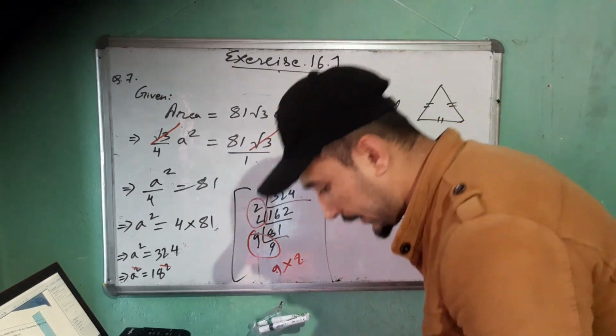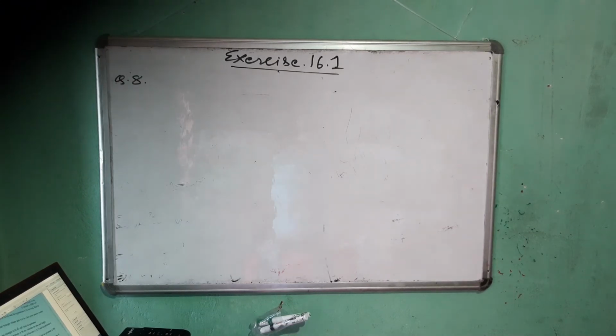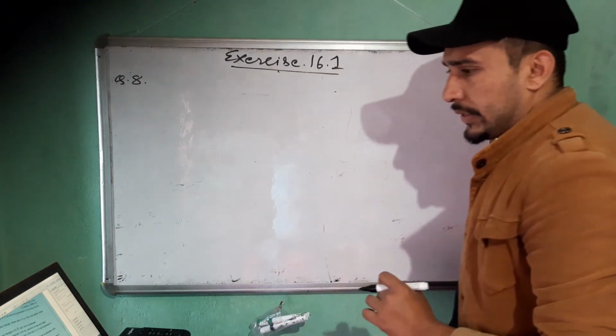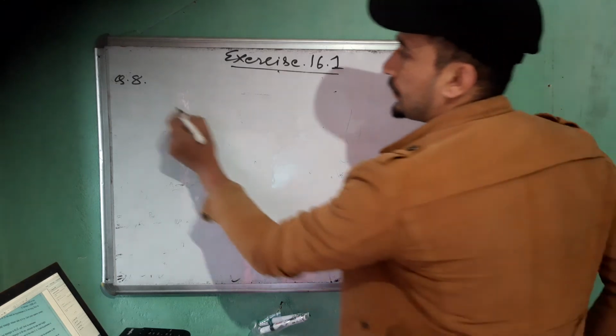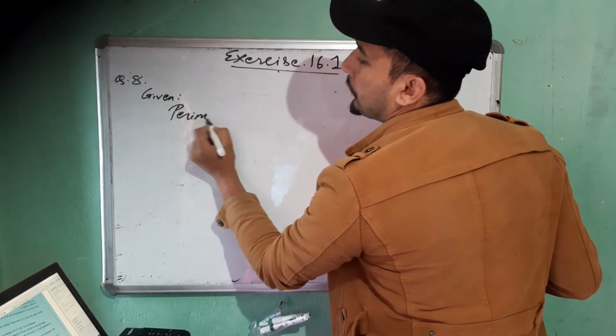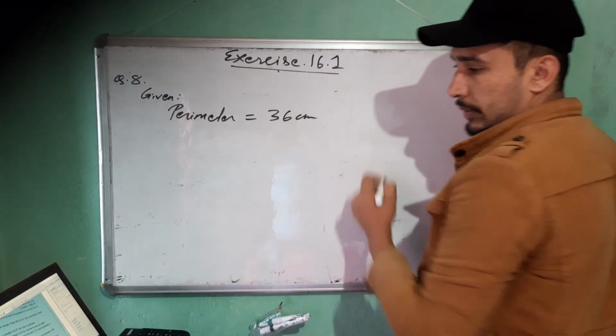Next, question number 8. Question number 8 is: if the perimeter of an equilateral triangle is 36 centimeter, calculate its area and height. So given perimeter is equal to 36 centimeter.